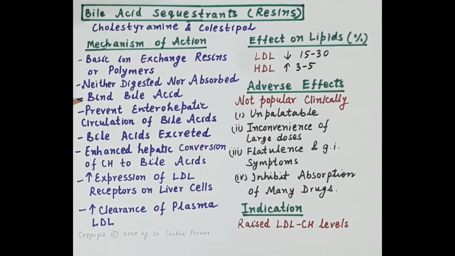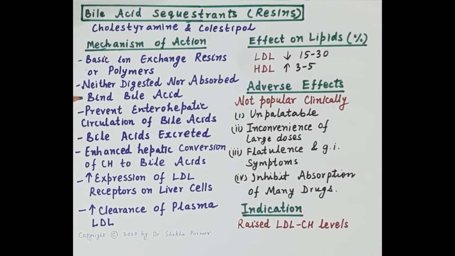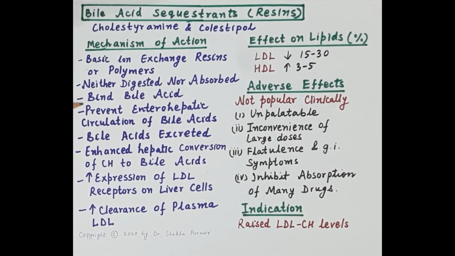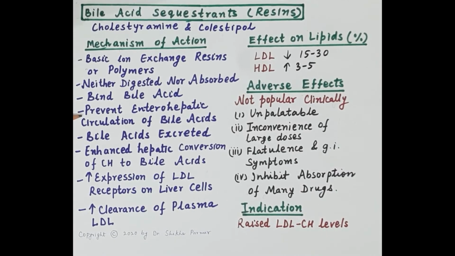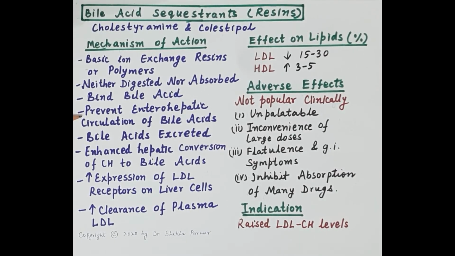Now, these polymers or resins bind to the bile acids. Once they bind to the bile acids, they lose their function. They are not able to emulsify the fats. So, binding of bile acids to these polymers prevents enterohepatic circulation of bile acids, and the bile acids are simply excreted from the body.